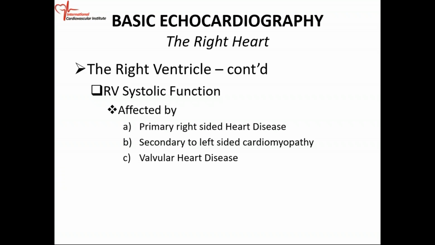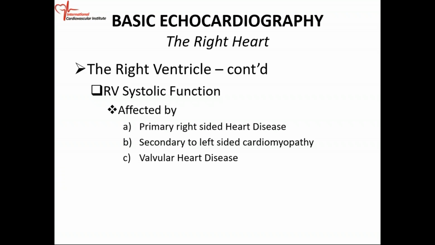So the RV systolic function is affected primarily by right heart disease. So primary right heart disease affects RV systolic function. Remember we talked about arrhythmogenic RV dysplasia, where the muscle is replaced by fibrofatty tissue. That would be a primary disorder, and it basically will just affect the right ventricle. You can have secondary causes.